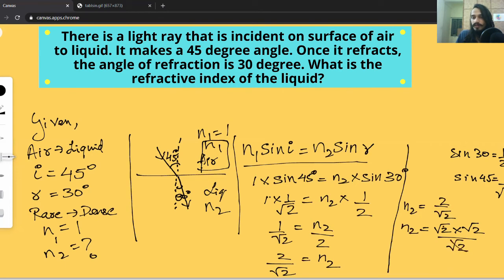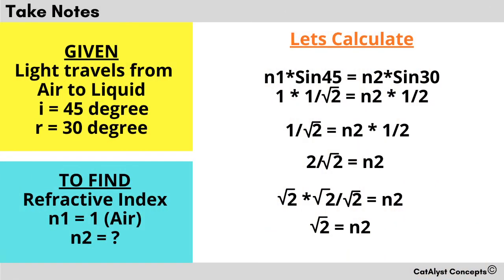I can cancel one root 2 from the top and the bottom. The only thing that remains is that n2 is root 2. The value of root 2 is 1.414. Therefore, n2 equals 1.414. I think that's something you know in math, the value of root 2.